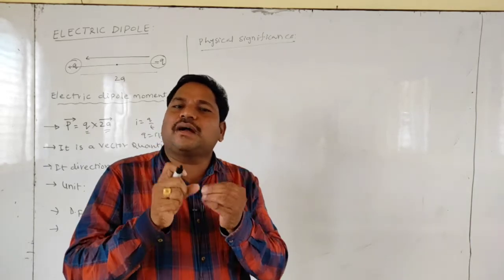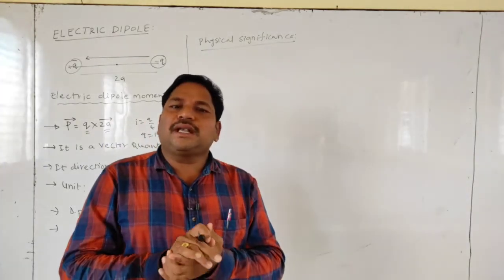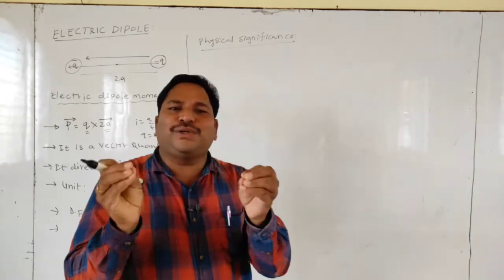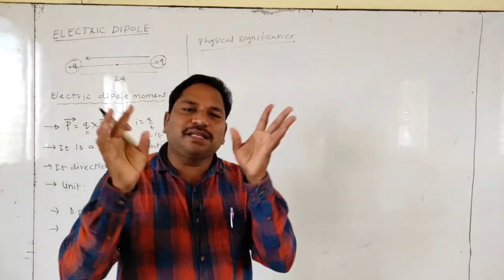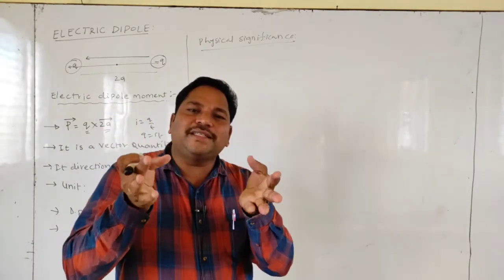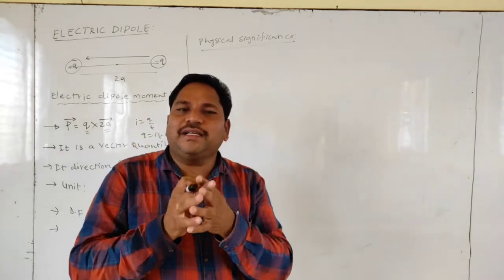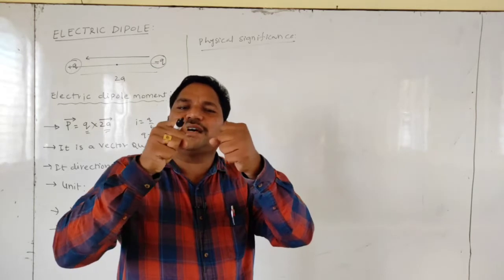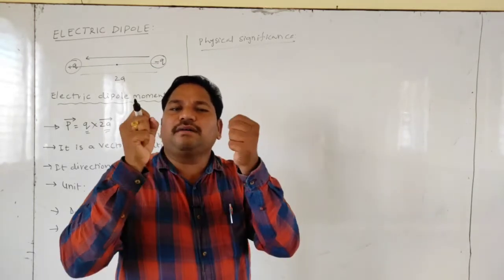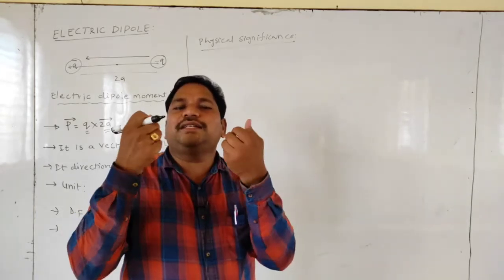Such atoms are called non-polar atoms. For non-polar atoms the distance between the two charges is 0, so the dipole moment is 0. When a non-polar molecule is placed in an electric field, the electric force acts, and the center of positive charge and the center of negative charge are displaced by some distance. Now there is a distance between the two charges, so there is a dipole moment.